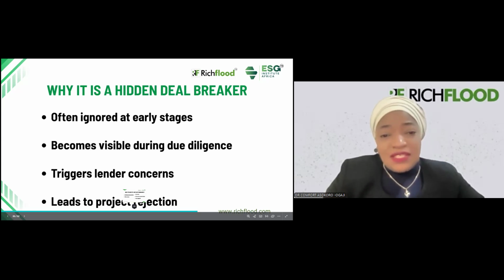The lenders immediately flag these risks because they can lead to delay of project implementation. They can lead to shutdown of the project, and most often they can lead to even losses. So this is why many deals fail quietly because of unmanaged environmental and social risk.